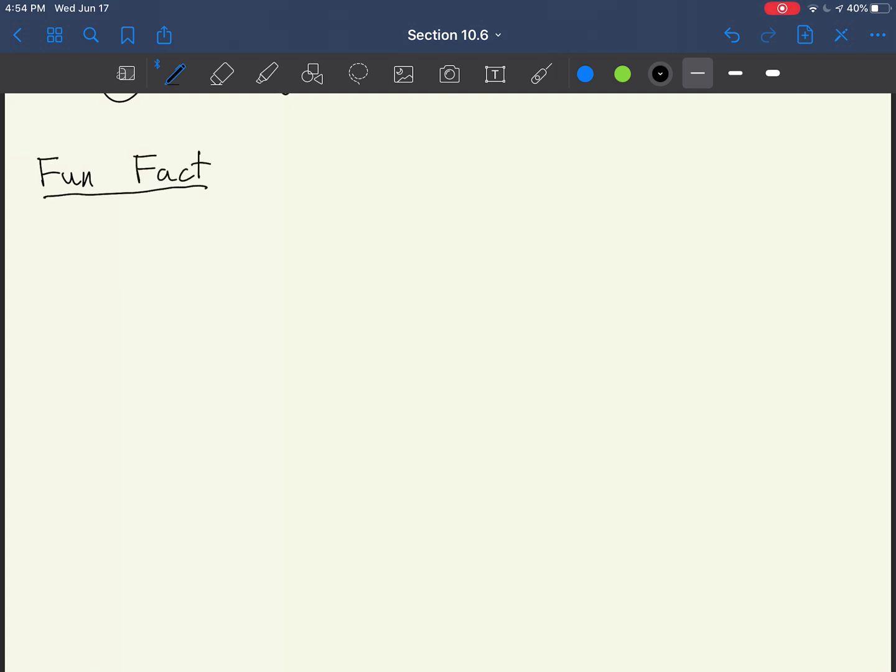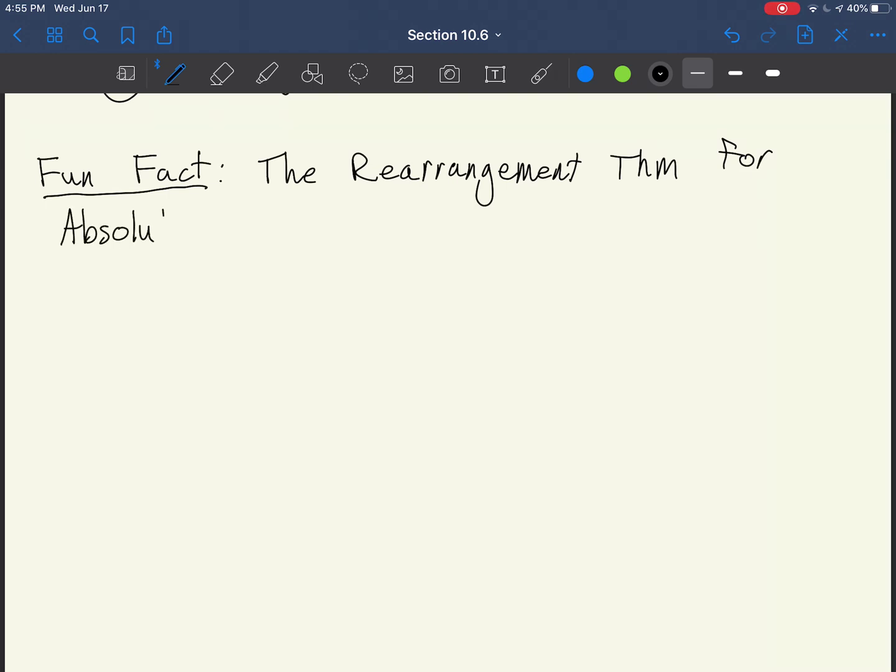And last thing for this section is just a little fun fact. Not going to test you on this, just really interesting to think about how delicate some of these series are. So this is the rearrangement theorem for absolutely convergent series.